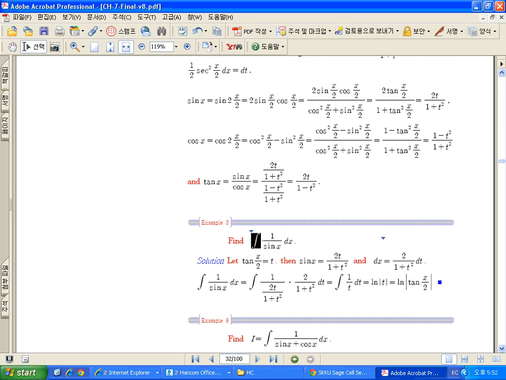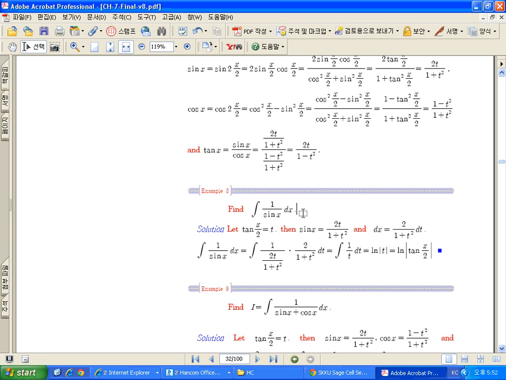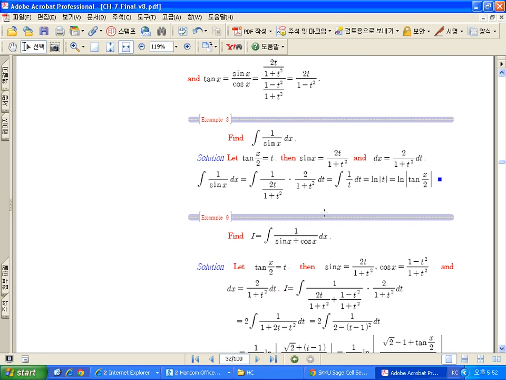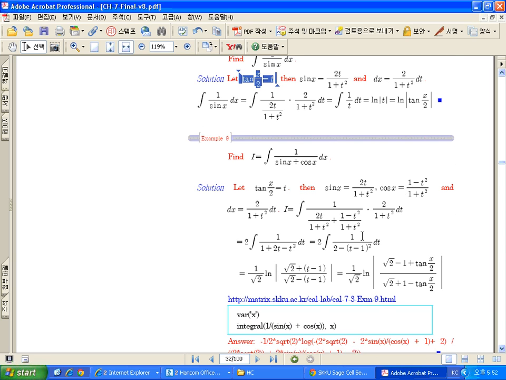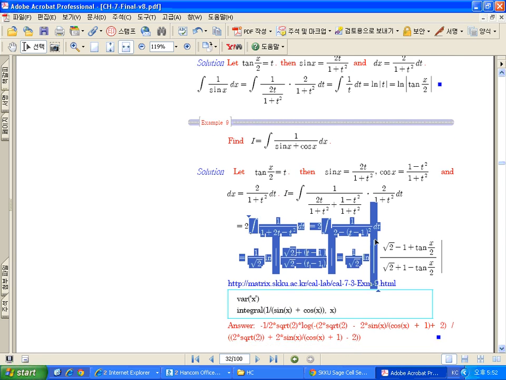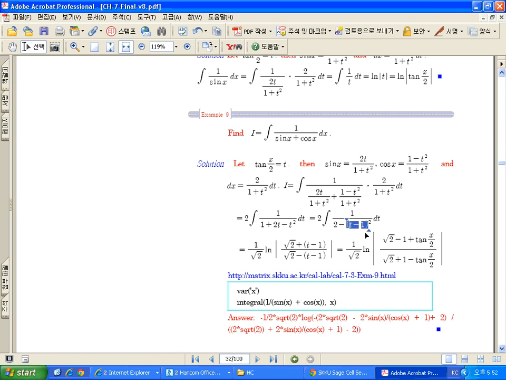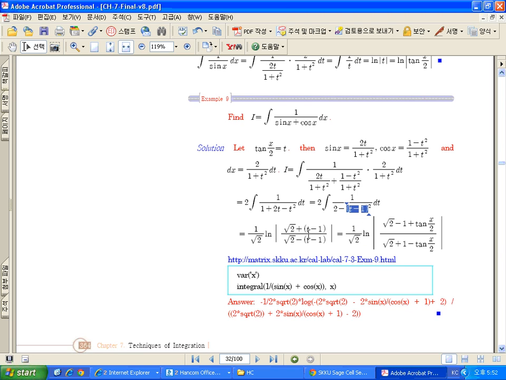This kind of substitution can be used on integrals like this, with reciprocals of trigonometric functions. Only this substitution will make the reciprocal of trigonometric functions much simpler, like this. Then you can use the techniques that you have learned before, or formulas that you have listed already.